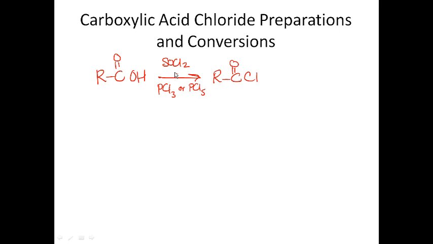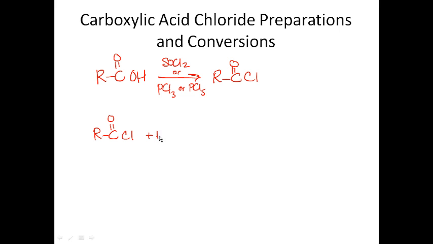Any one of these would convert a carboxylic acid into a carboxylic acid chloride. Now let's talk about the conversions in terms of the mechanisms. Many of the mechanisms I've talked about in previous lectures, but let's take one or two that I haven't talked about.